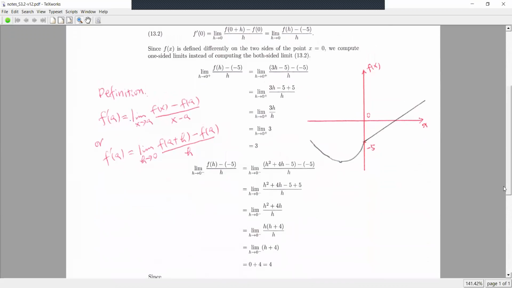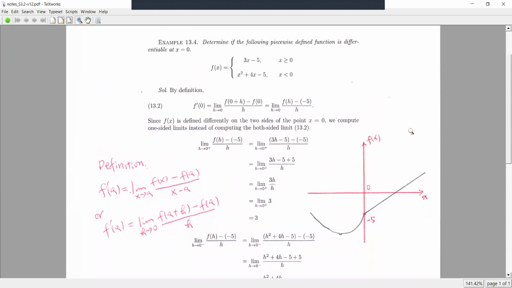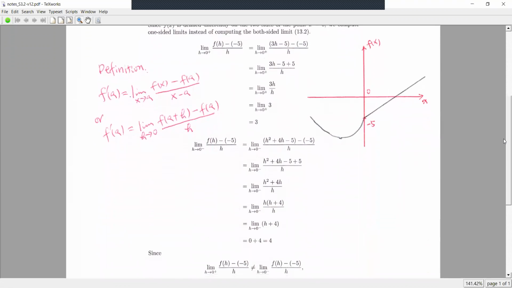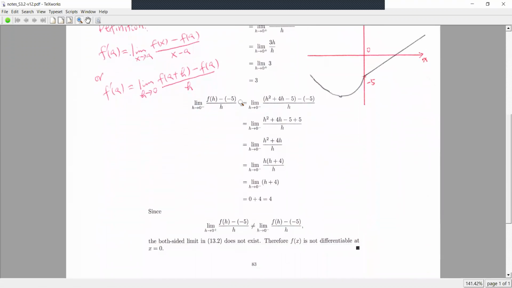Now, left-hand side limit. For h approaches 0 from the left, h is less than 0. When h is less than 0, f of h is h squared minus 4h minus 5. So I have this equation. Now simplify the numerator. Negative 5, positive 5.